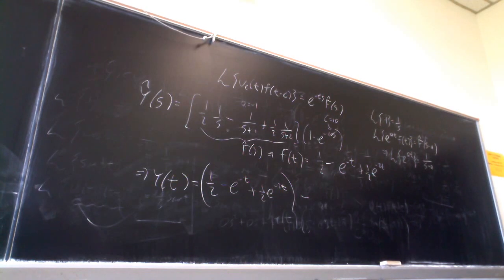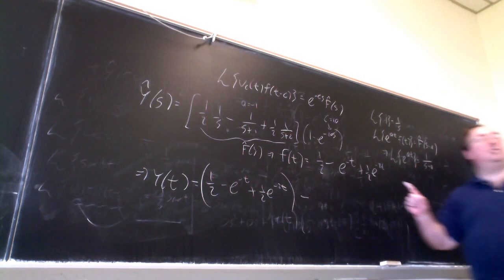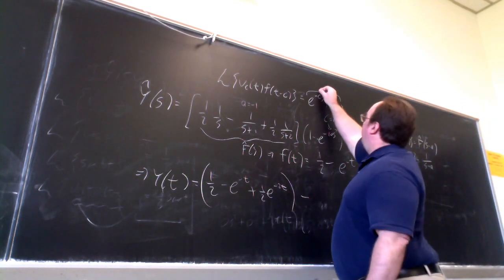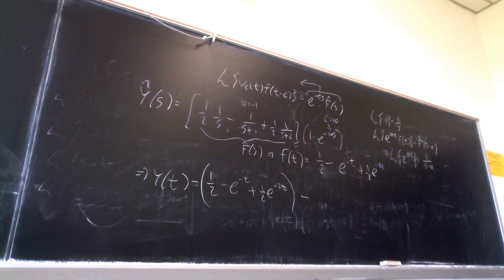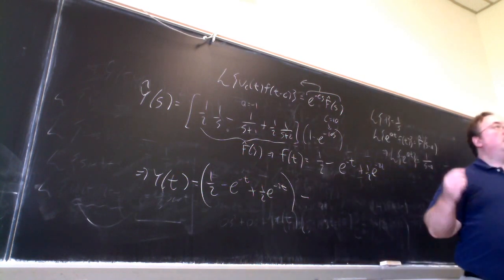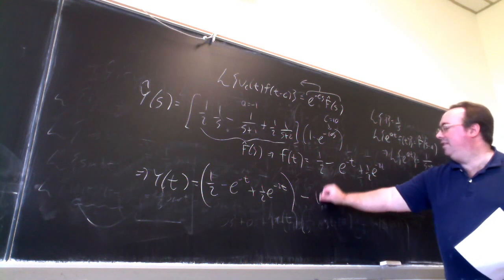So now when you apply this rule, you have all the pieces. You're starting from this and going back to that. You know what c is. You know what big f hat is. You know what little f of t is. So something of this form is what you need to produce. So bring it home.